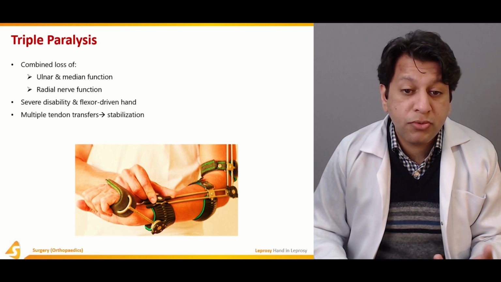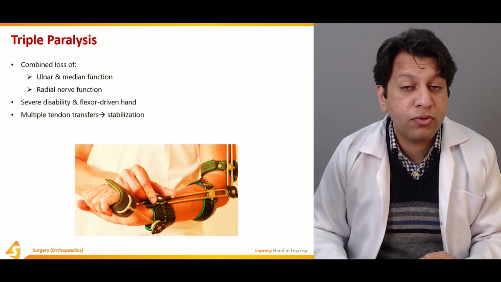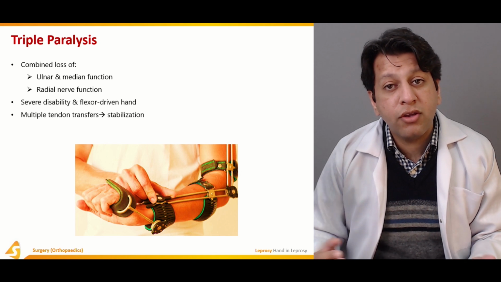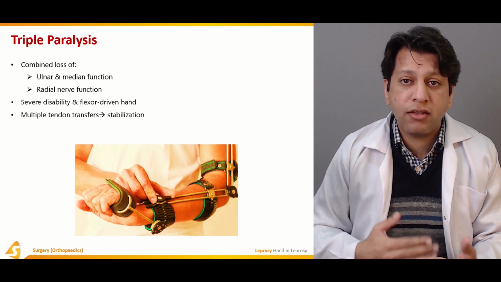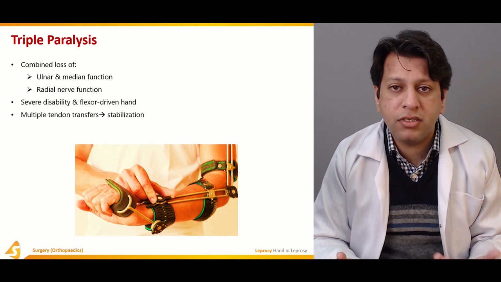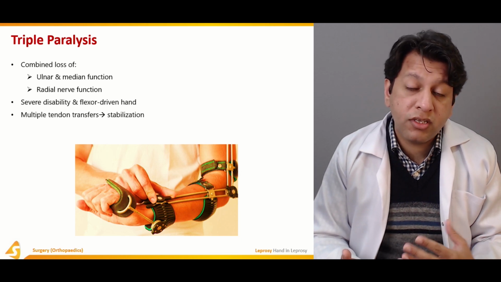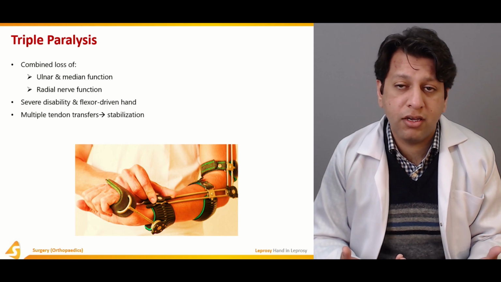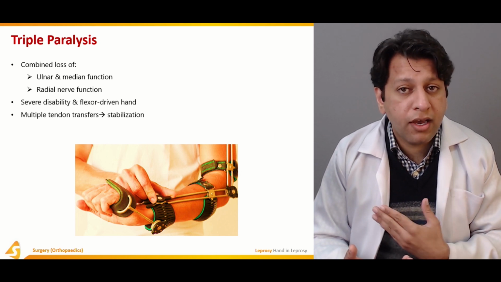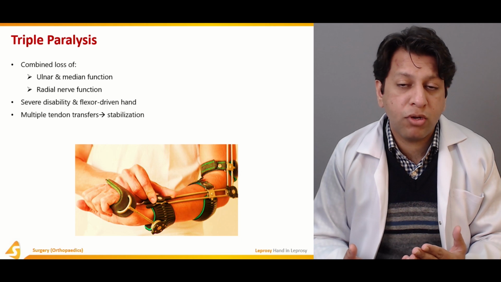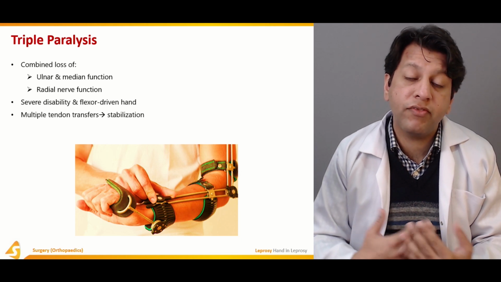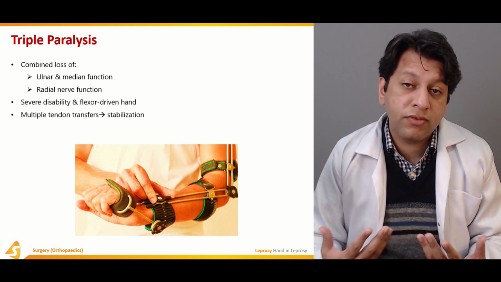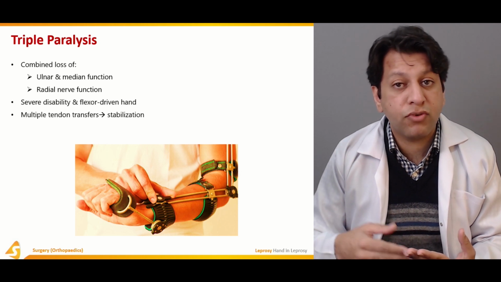Another option could be multiple tendon transfers for stabilization, but we know that the forearm is supplied by these three nerves. So when there is a massive loss, as in a high ulnar, median, and radial nerve injury, all the muscles below the level of the elbow are paralyzed. So sometimes it is very difficult to find the right muscle for the transfer.